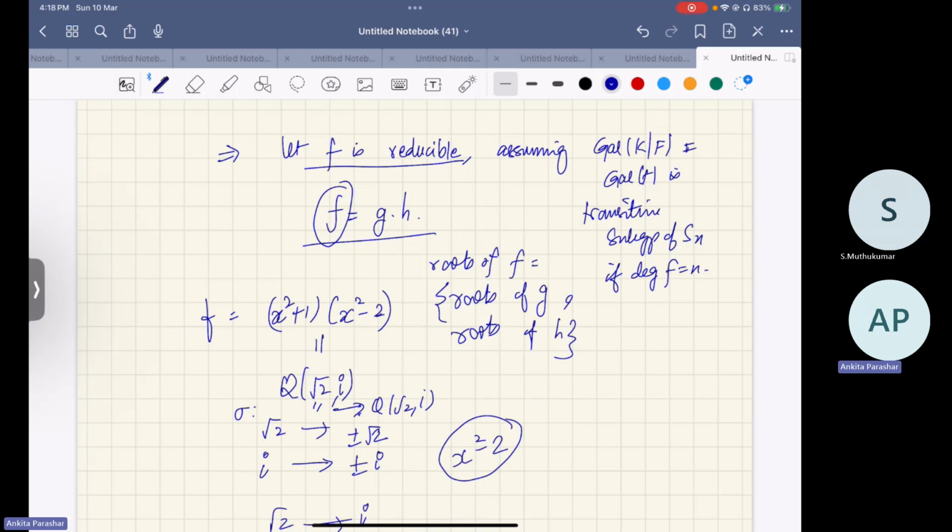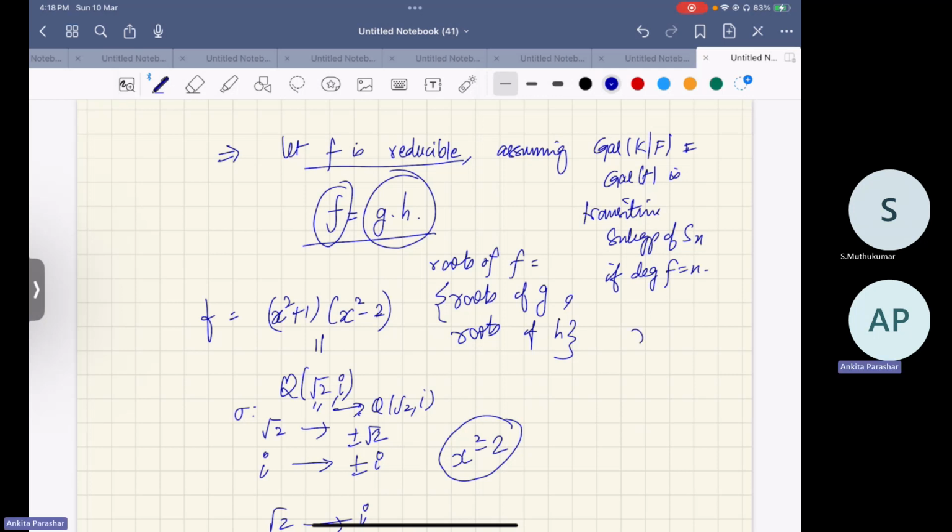So if your f is reducible, then some roots of g will not be mapped to roots of h. But if the group is transitive, then all roots of g should be mapped to roots of h by some element of the Galois group. Do you agree? Yes. Therefore, once you have reducible, such a possibility is not there that you can cover all the roots.